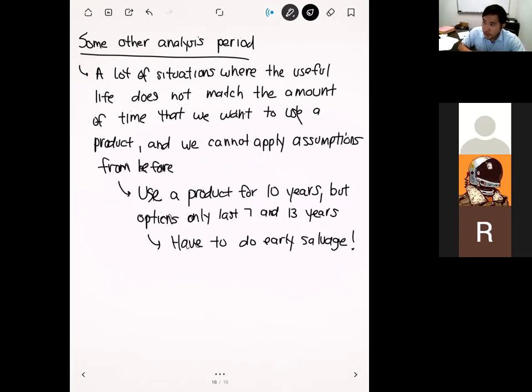With these situations, remember that we have to make an educated guess of what the early salvage value is going to be.